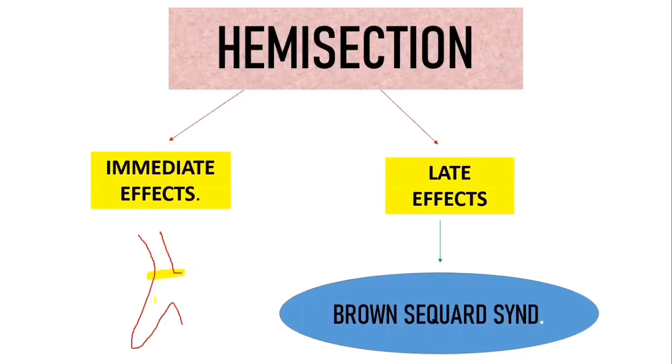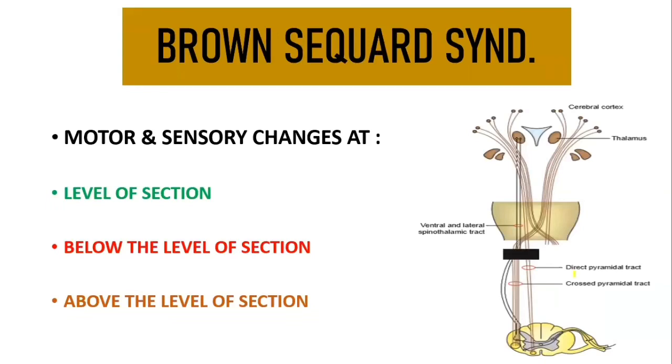Collectively, whatever we are going to see is called Brown-Séquard syndrome. The clinical stages in case of hemisection of the spinal cord, which constitute the late effects, are called Brown-Séquard syndrome. It is repeatedly asked as a 5-mark question, and almost every year in the 100-mark paper; definitely this year also you will get a question on Brown-Séquard syndrome. So what is Brown-Séquard syndrome?